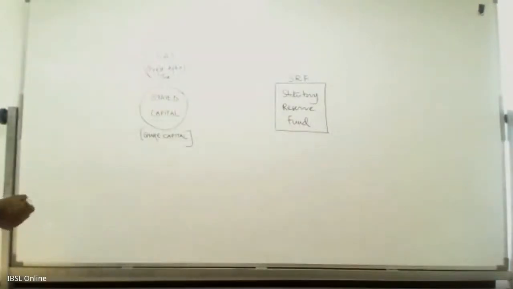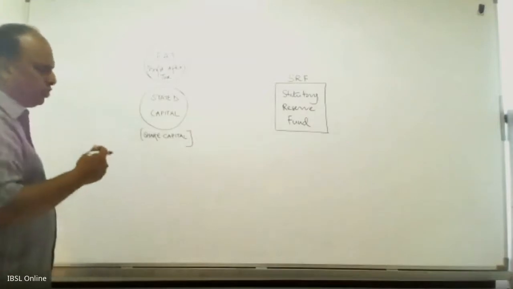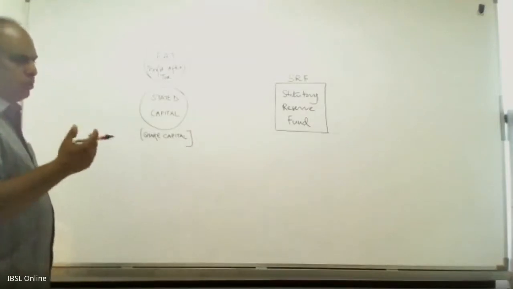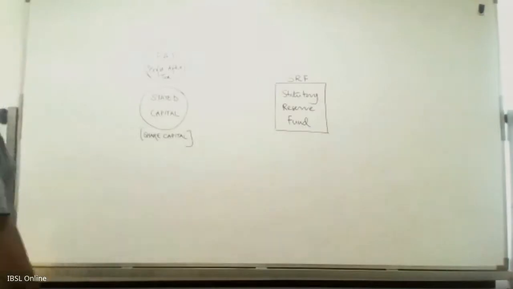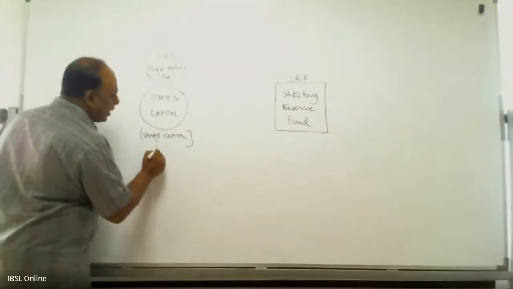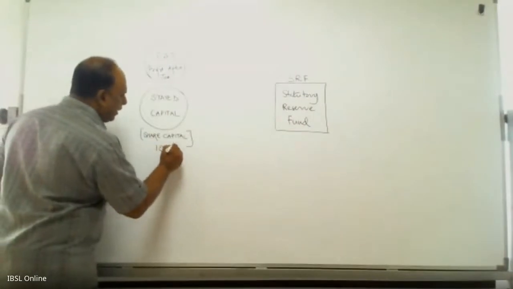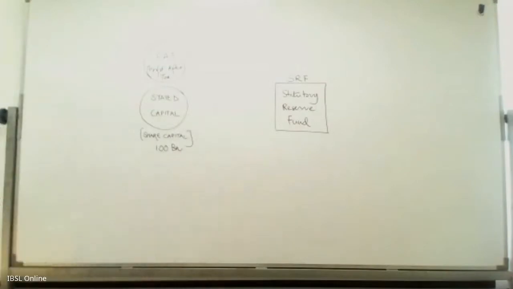Okay. Now what do they say? Stated capital is where you have issued shares for the public to purchase or invest, and you build up that money as your part of capital. Okay. So let's say your stated capital is 100 billion. I'm just taking an example. Your stated capital is 100 billion.